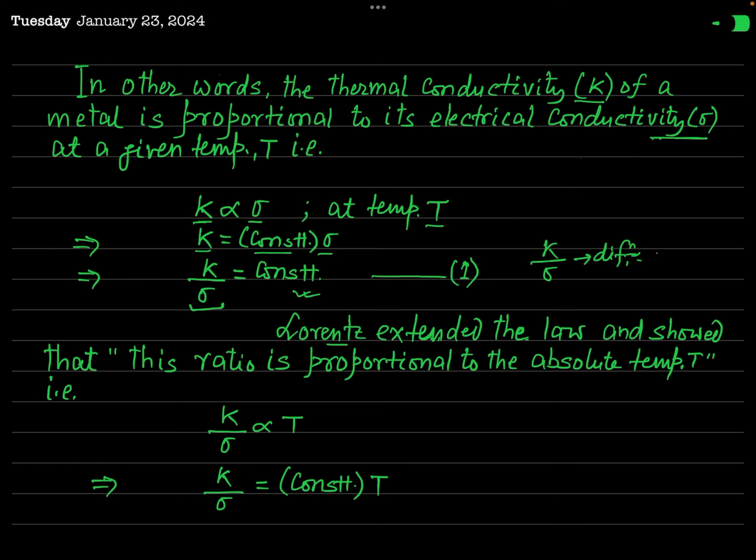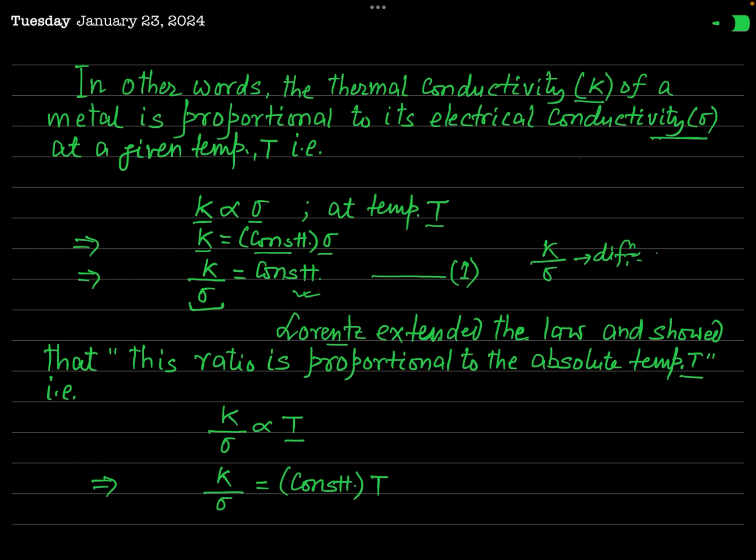According to the Lorentz modification, this ratio, that is the ratio of K and sigma, is proportional to the absolute temperature T. It means if temperature is increased, the ratio K over sigma also increases in the same ratio.